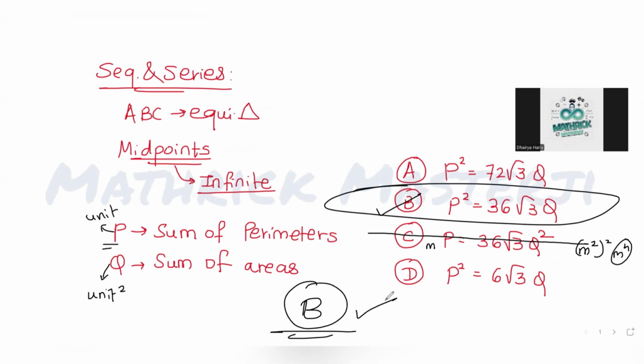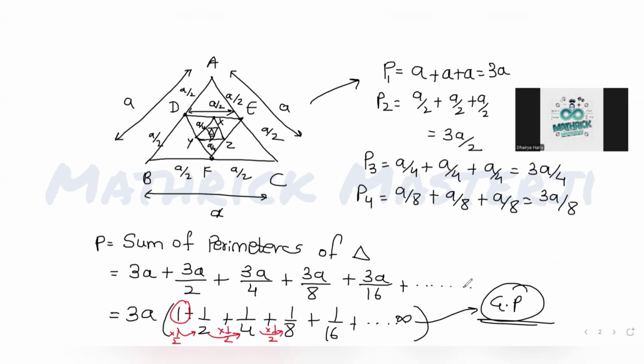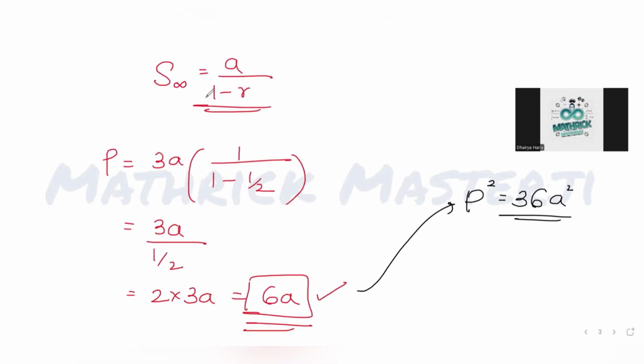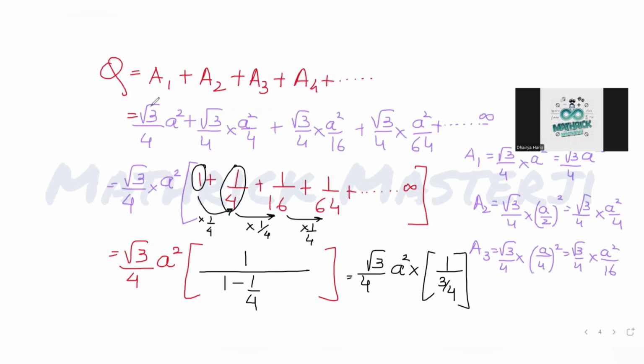I hope you have understood how to solve this type of question. We first figured out the sum of perimeters of the infinite triangles I was able to form. When I took some things out common, I found a geometric progression, so I just applied the idea of sum of infinite terms for a geometric progression. That gave me the sum of perimeters as 6a. Then I figured out the sum of areas of all the equilateral triangles that I can form.